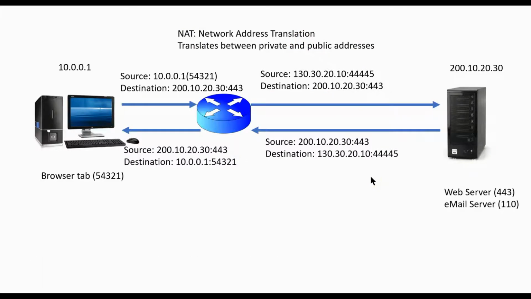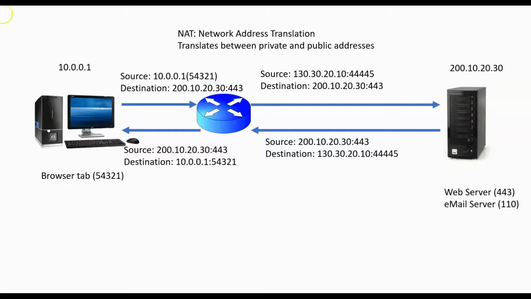It looks like this. Here we have a private address. Private addresses are in certain contiguous ranges of 10 dot anything, 172.16 to 31 and then anything, or 192.168 and then anything. Those are all private address ranges.